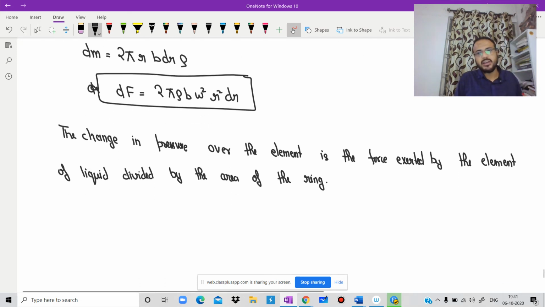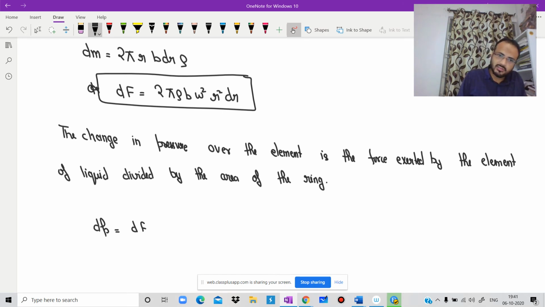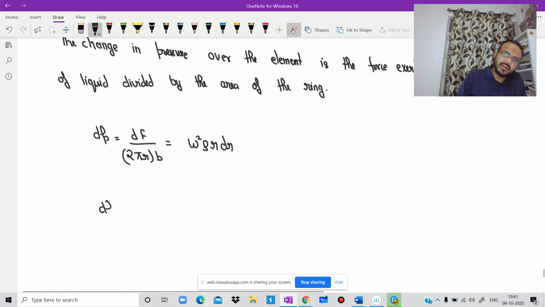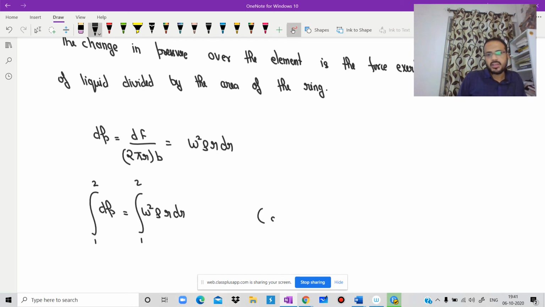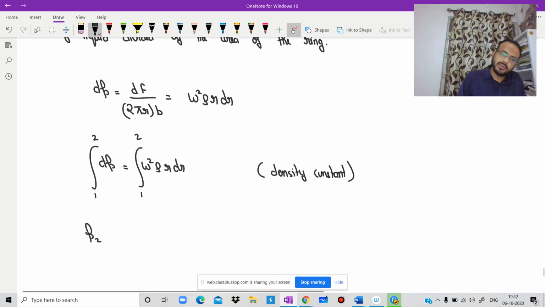So if we divide both sides by 2 pi r into b, now there should be no doubt why dF is written as 2 pi r into b, omega square rho into r into dr. So you will get dp equals omega square rho into r into dr. Integrating from 1 to 2, if density is constant, you will get P2 minus P1 equals rho omega square (R2 square minus R1 square) divided by 2.